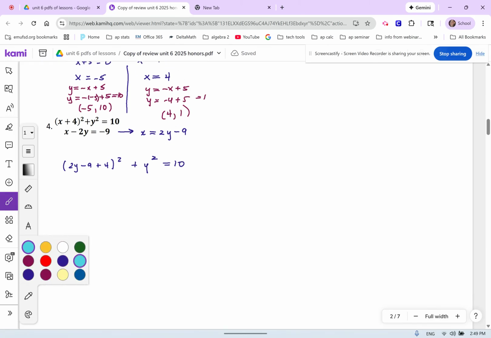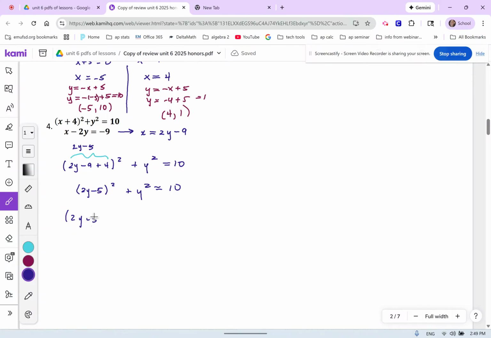I'm going to combine the like terms inside the parenthesis to get 2y minus 5. And now I'm going to rewrite this. So 2y minus 5 squared plus y squared is equal to 10.